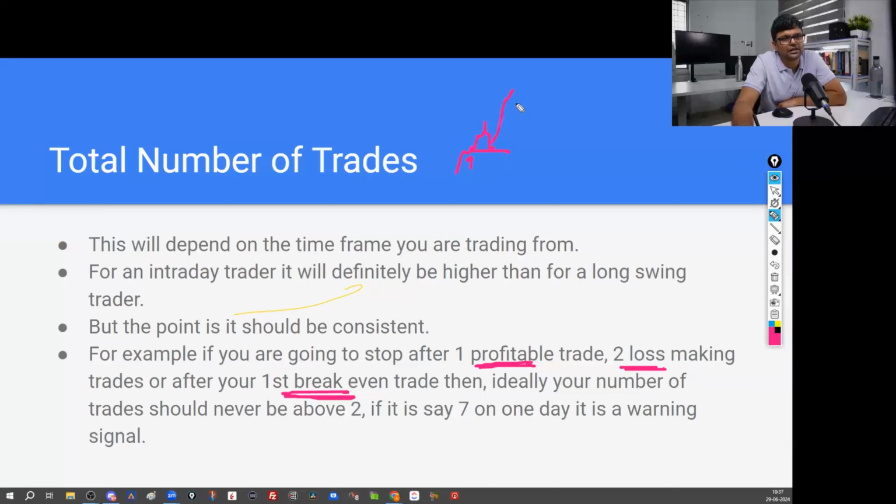Maybe it goes a little higher and I bring my stop loss to cost and then it hits my stop loss. Okay, I'm out. I'm not going to trade. So what is the max number of trades on that day? One. If I take a profitable trade, one. If I lose first trade, then I have one more opportunity to take a second trade and I take two trades on that day. So if you now track my chart, the maximum number of trades on any one day is going to be two.